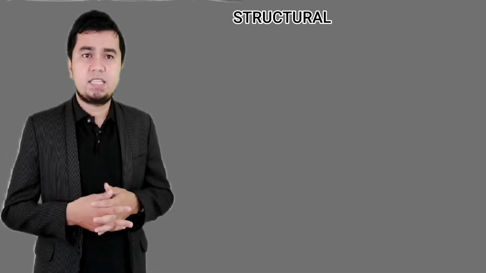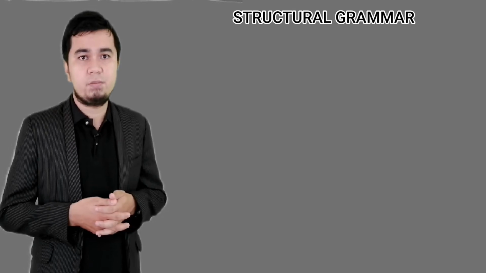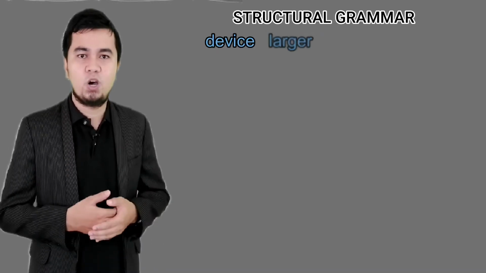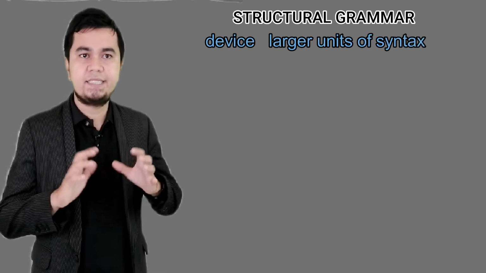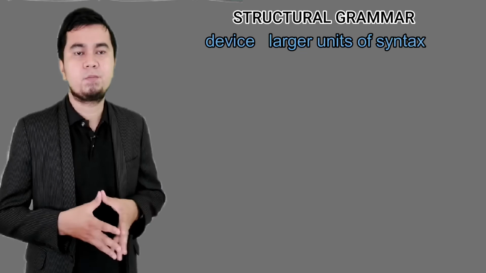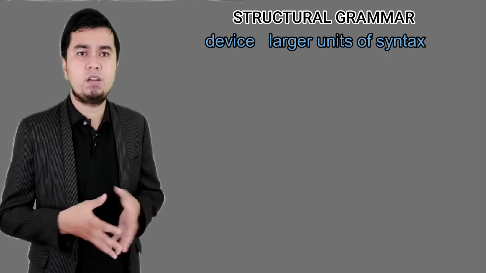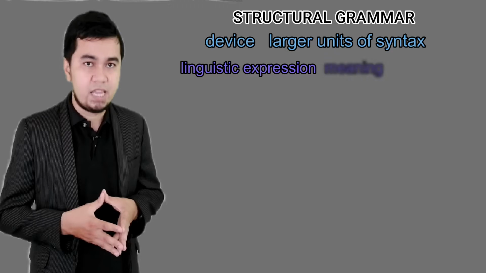Now, structural grammar is a model which regards grammar as a device. In this grammar, words are combined into larger units of syntax. So what do you mean by that? This is primarily concerned with the form of linguistic expression rather than its meaning.